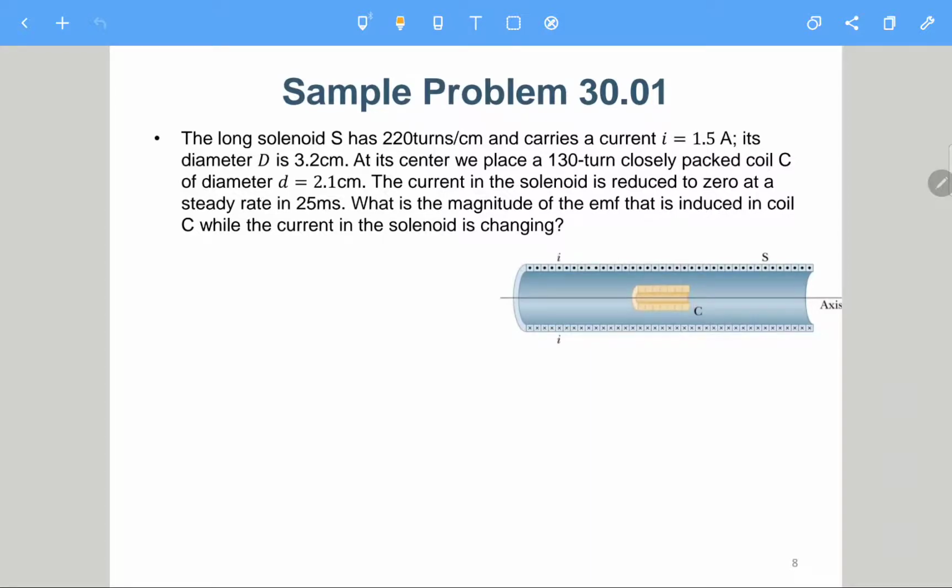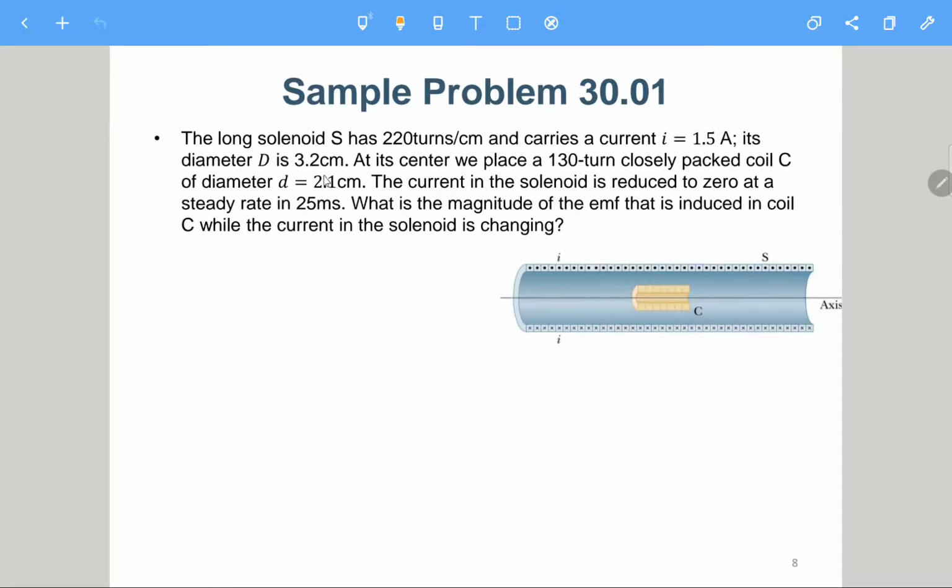But before that, let's see a sample problem first. Here, the long solenoid S, which is the blue one, has 220 turns per centimeter and carries a current I. Its diameter D is 3.2 centimeters. At its center, we place a 130-turn close-packed coil, which is the orange one, of the diameter d.